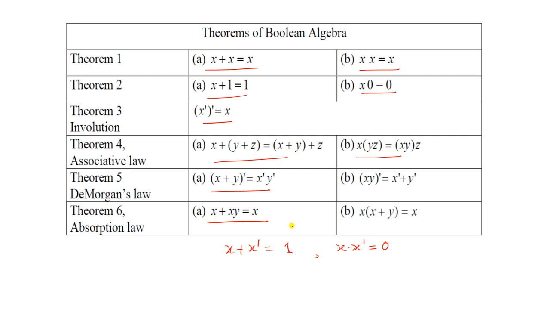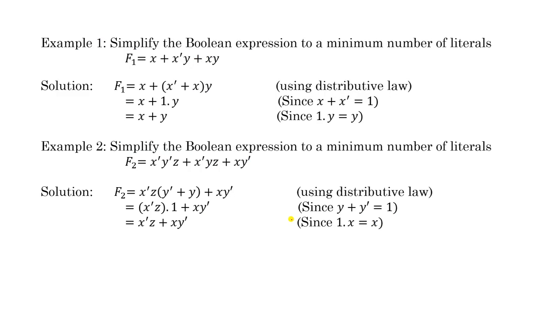Now I will give some examples so that you can easily understand how we can simplify a Boolean expression. Now look at this. The function is f1 equal to x plus x dash y plus xy. If you look at the second and third terms, y is common in these two, so you can apply the distributive law. So this will be x plus (x dash plus x) y.